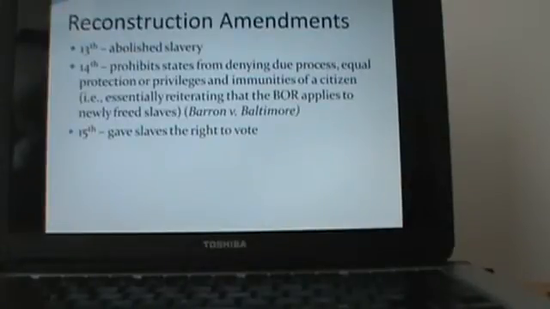And Maryland said, yes, I can. It's part of the Constitution. And the court said, you know what? Mr. Barron is right. Only the federal government has the right to take the land.